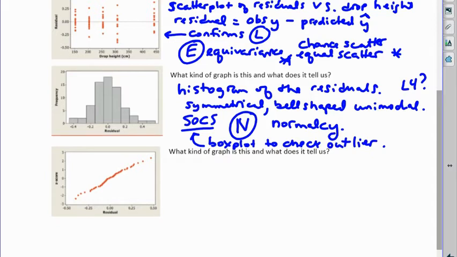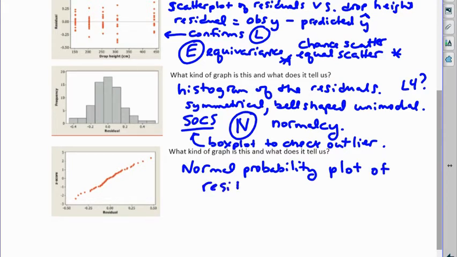But then we have our normal probability plot. And this one is a normal probability plot of the residuals. Same data that was used for the histogram, probably in L4, I don't know.